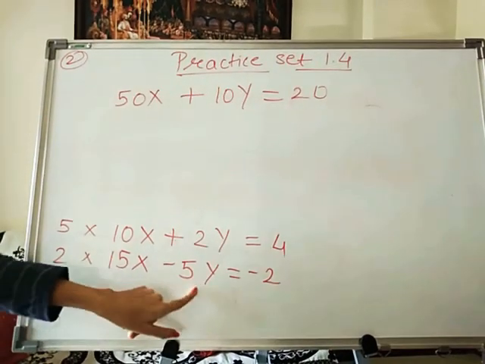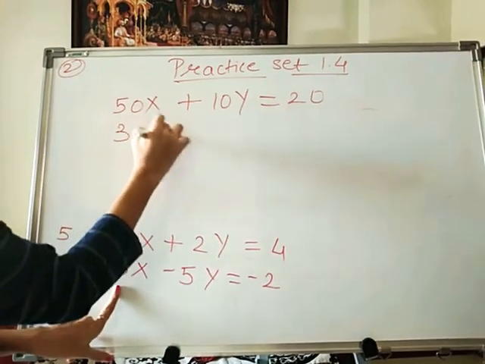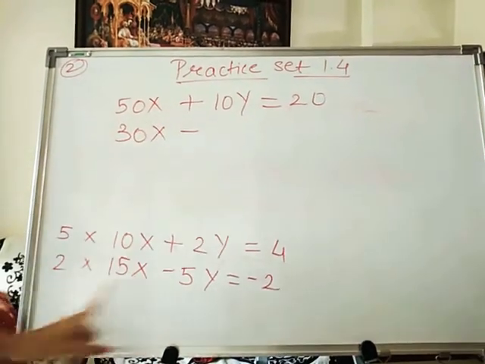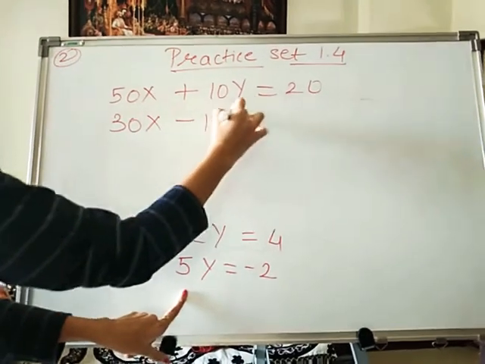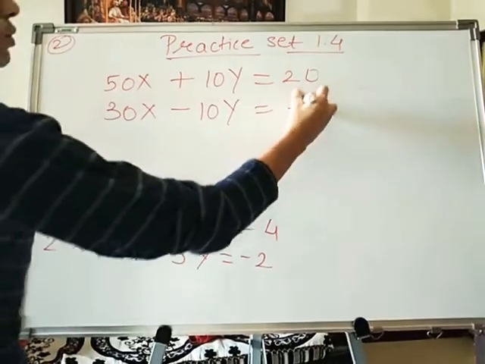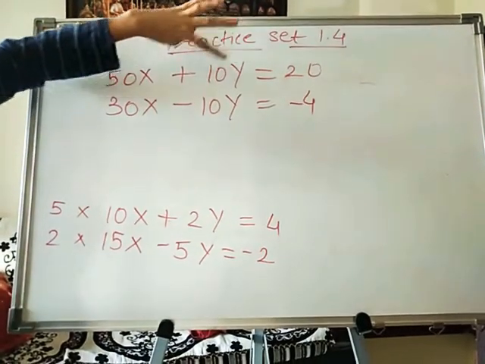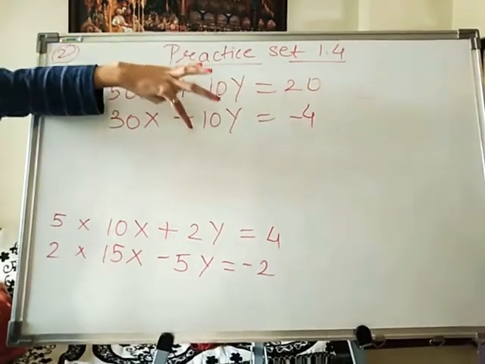Then 2 multiplied by the fourth equation. So 2 multiplied by 15 is 30X minus 2 5s are 10Y is equal to 2 2s are 4. It is minus 2, so it is minus 4. So the coefficient of y in both equations is plus 10 and minus 10.